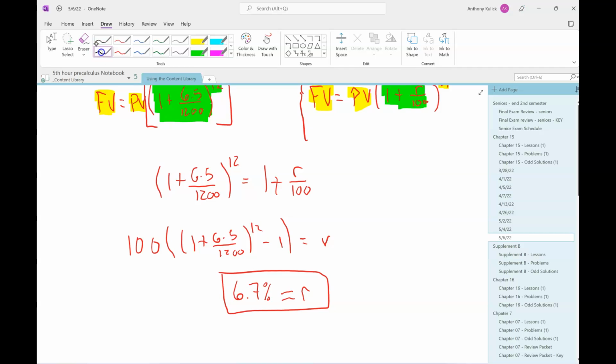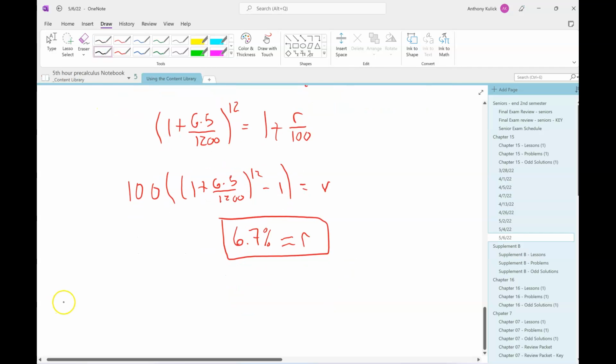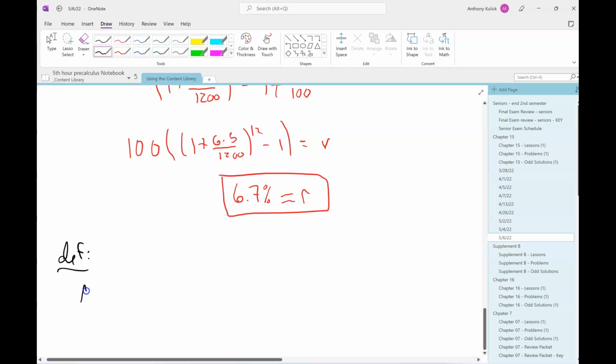So that's going to lead us to our next financial definition. This is the annual percentage yield, or APY. This is what, Victoria, you were asking about.